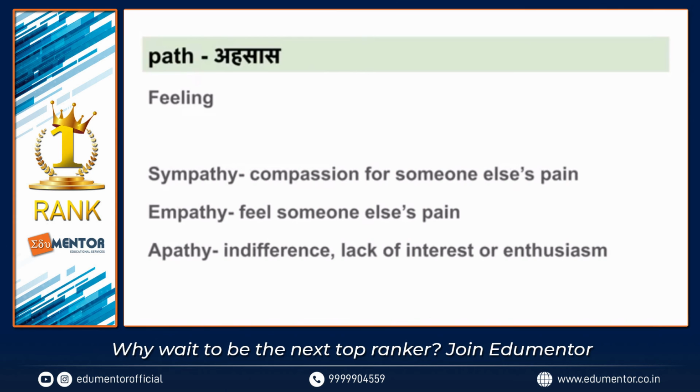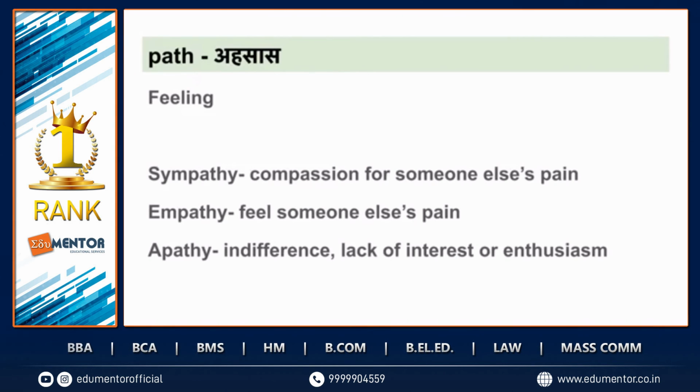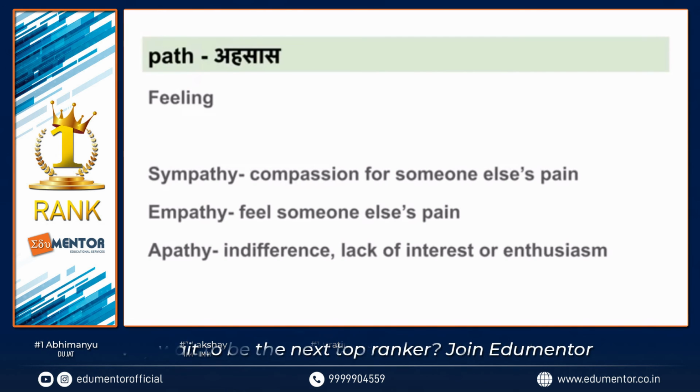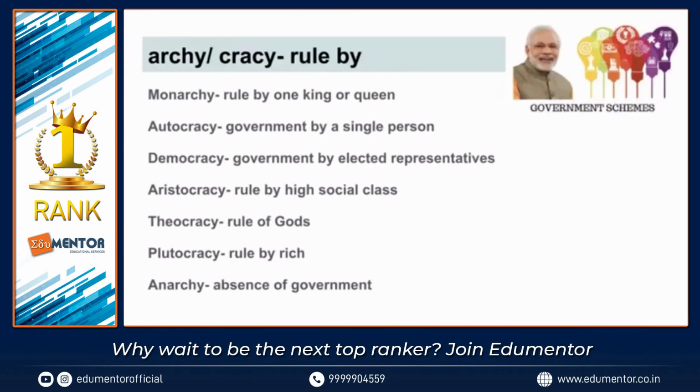You're like, oh, that was very bad. Empathy is when you actually feel their pain. You can associate yourself with their pain. Apathy is indifference, lack of interest. So please remember, the path root word is associated with feeling.